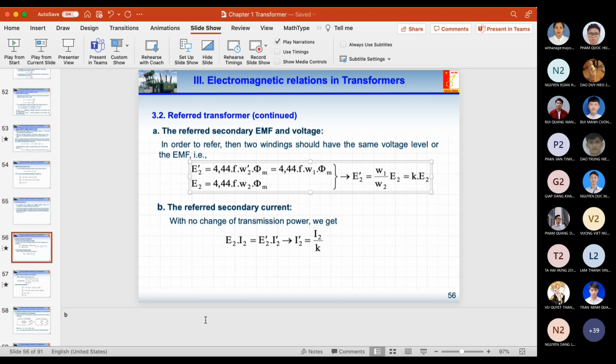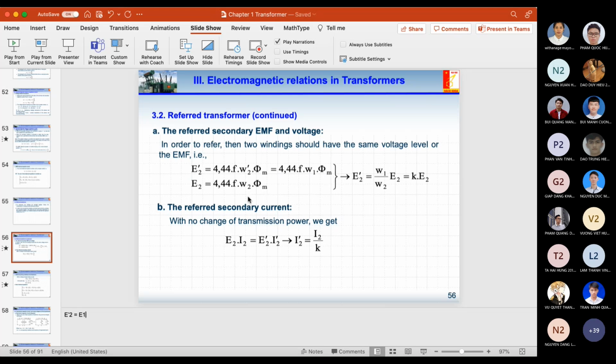And of course, it means that, for example, E2' here must equal to this one here, because in our opinion we have to do conversion of some parameters from the secondary winding to the primary winding, and for that we get the electromagnetic force of the secondary winding like this, which must be equal to this. And E2' with the exponent comma here is equal to this expression.